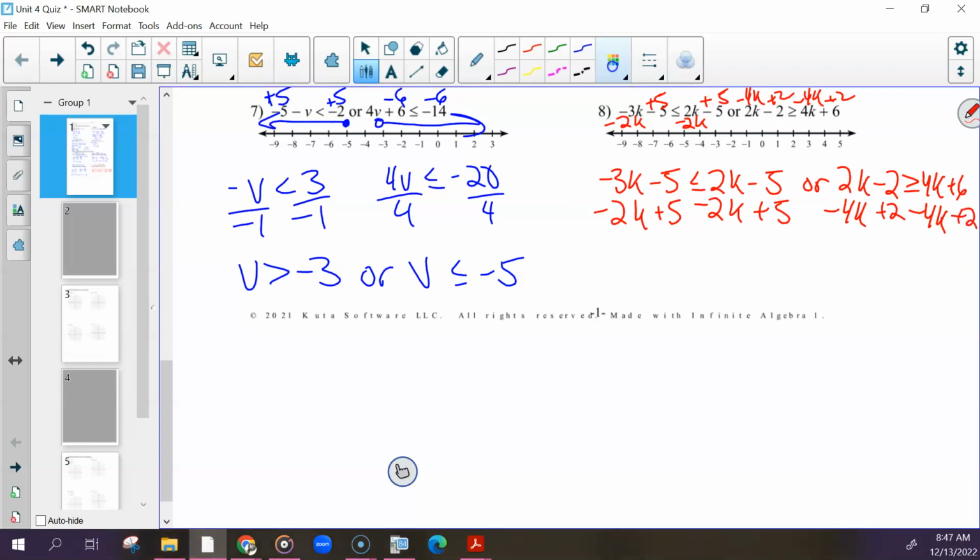If you choose to do separate things, so like move the 2K and then move the 5, that's fine. You may just need more space. So here we have negative 5K is less than or equal to 0, and negative 2K is greater than or equal to 8.